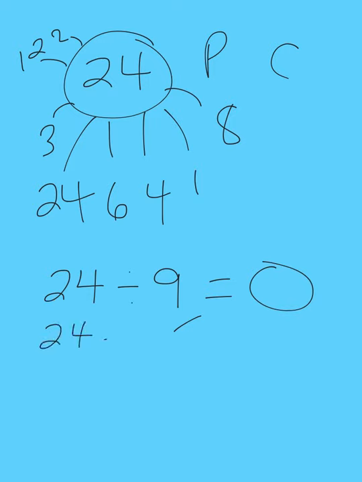And then you could continue, 24 divided by 8. Well, on your calculator, it's going to give you the result of 3. So you know that 8 and 3 are factors of 24. So if when you're dividing you get a whole number, then you know that it's going to be a factor. Okay, so now we can identify all of these factors, which makes 24 a composite number.